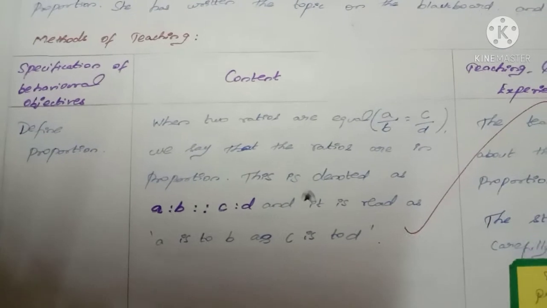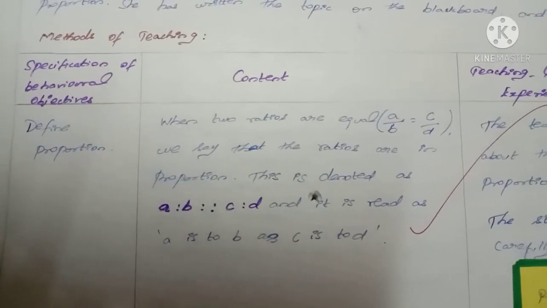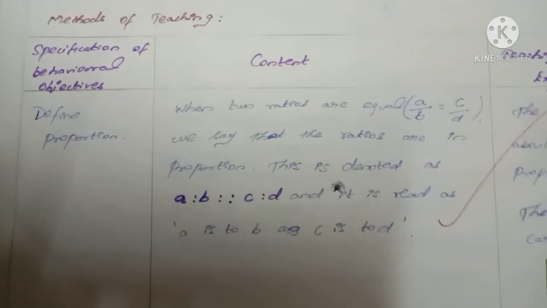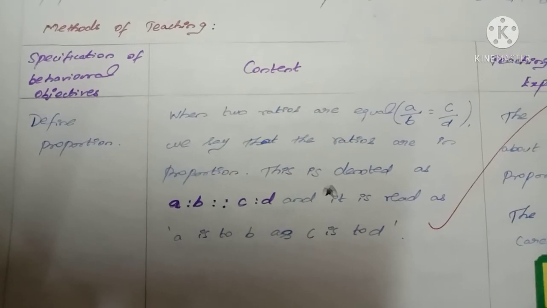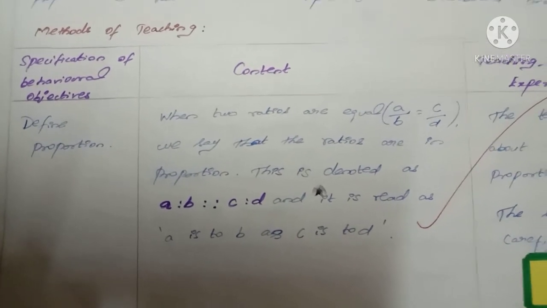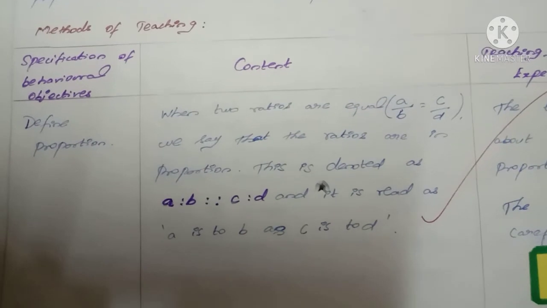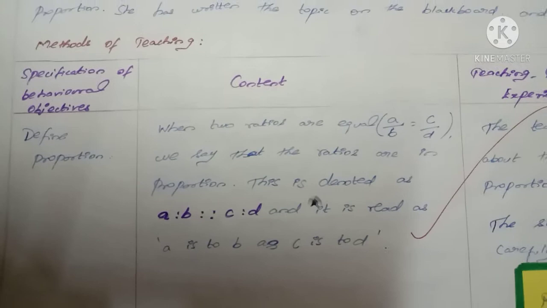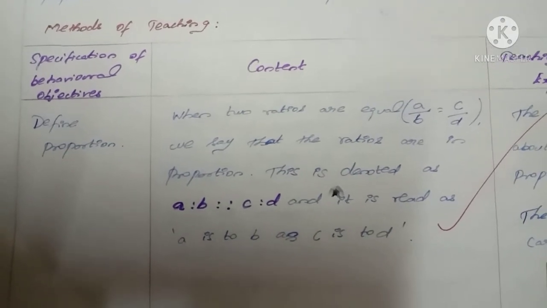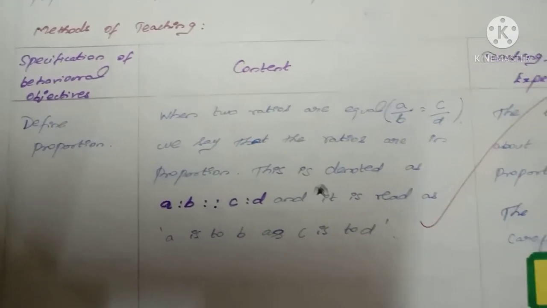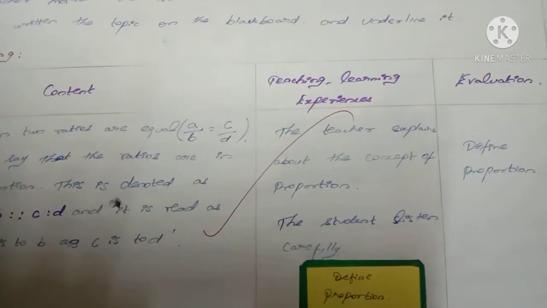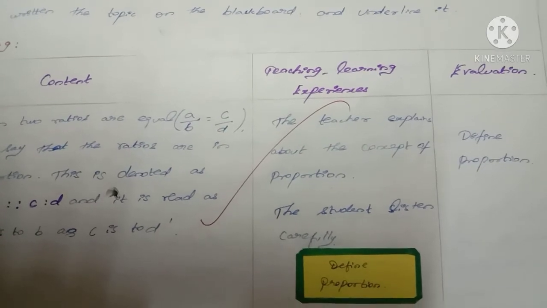The next box: when two ratios are equal, A by B equal to C by D, we say that the ratios are in proportion. This is denoted as A : B :: C : D, and it is read as A is to B as C is to D. In the third box, the teacher explains about the concept of proportion.